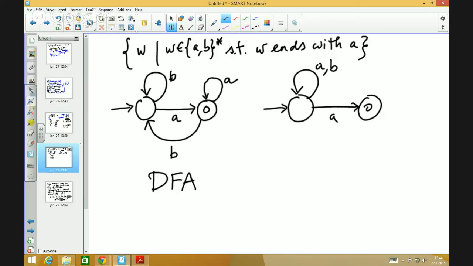Okay, remember, you have the power of magic, so you can guess when the symbol that you're reading is the last one. If it's the last one, it should be an A. And afterwards, you reach this state where you don't want to see anything else. Because if you see something else, you will not be able to process it. You don't have transitions coming out of this.